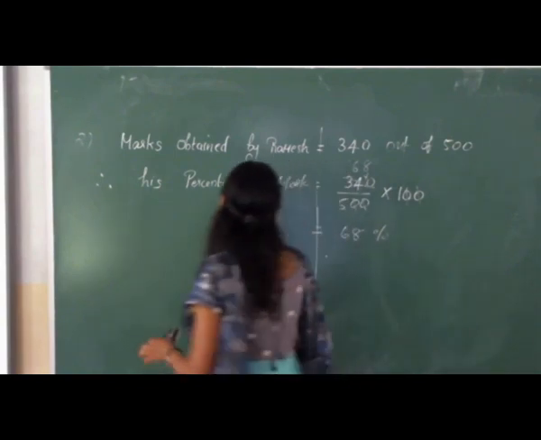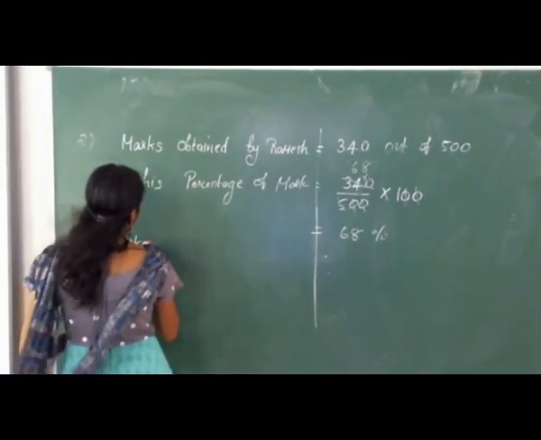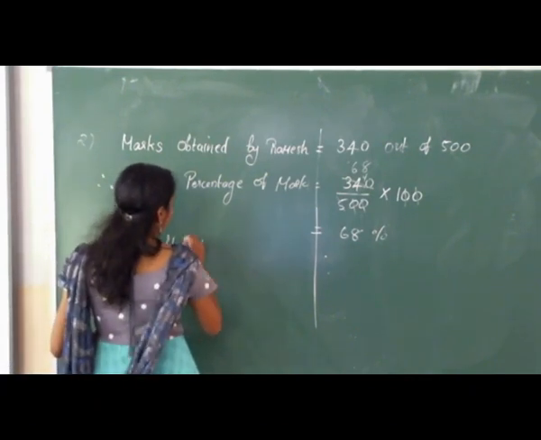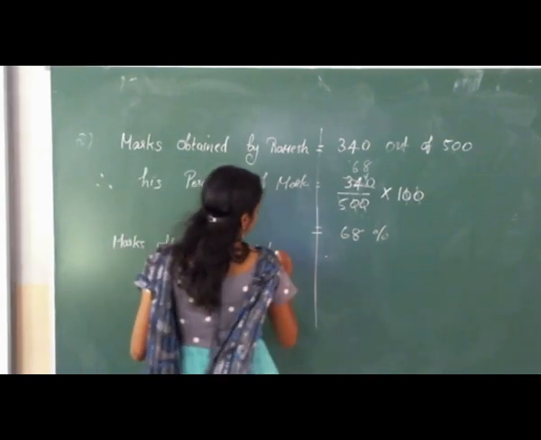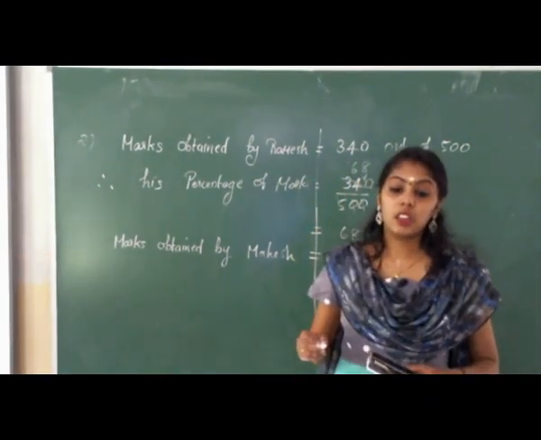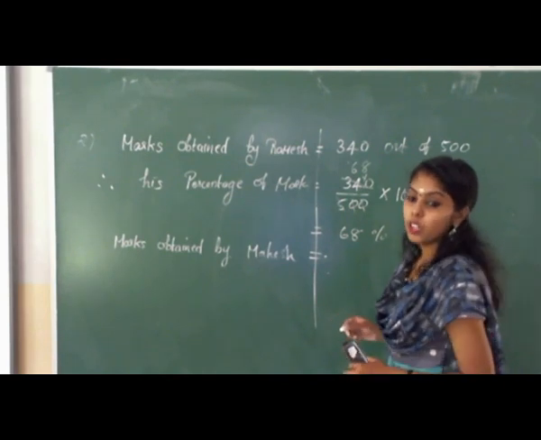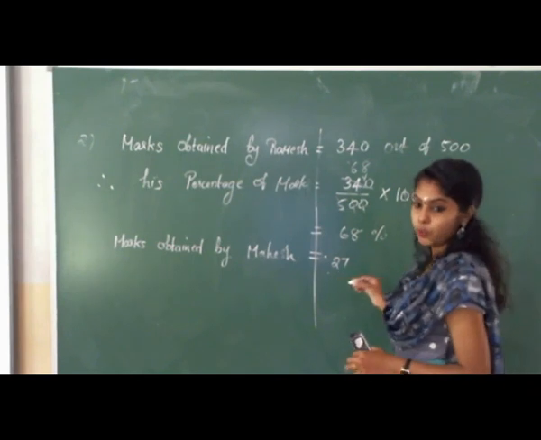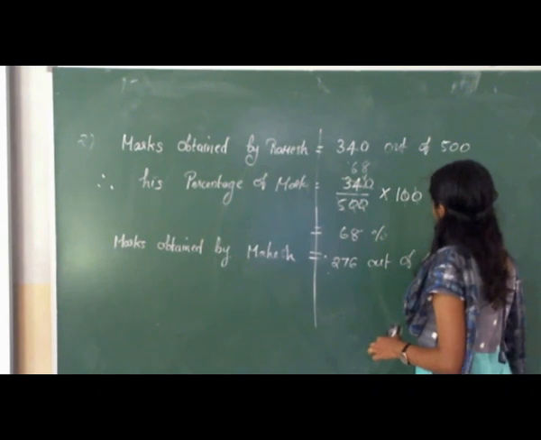Next one, Mahesh secured 276 marks out of 400. Okay, so next step, marks obtained by Mahesh. How much? 276 out of 400.